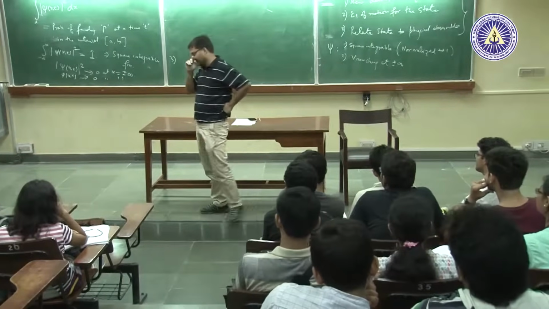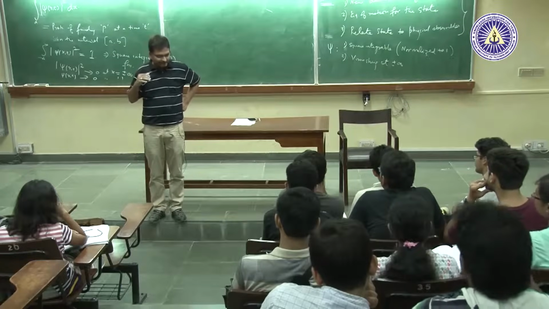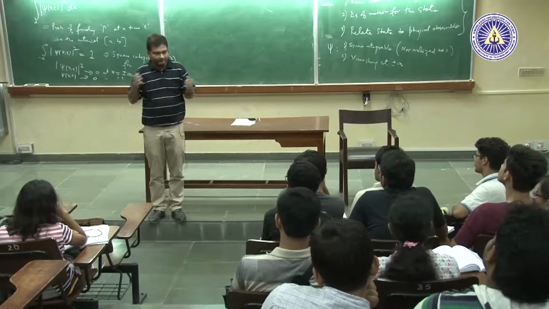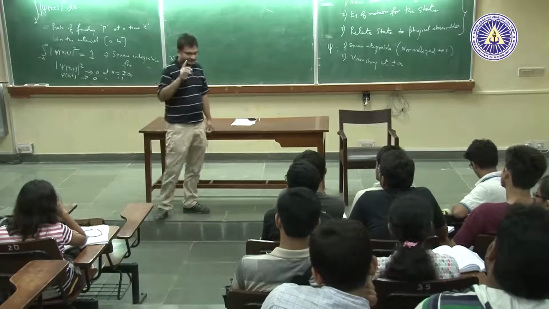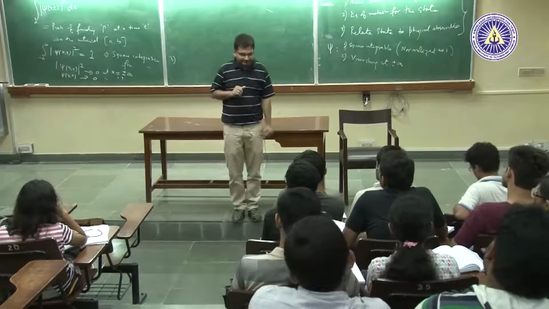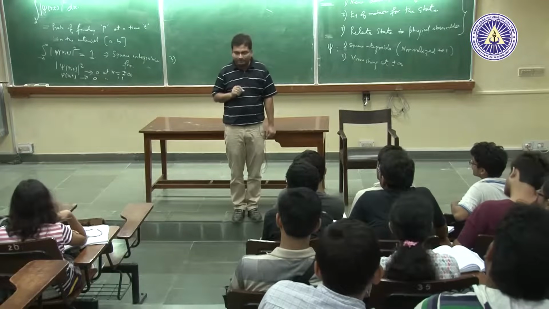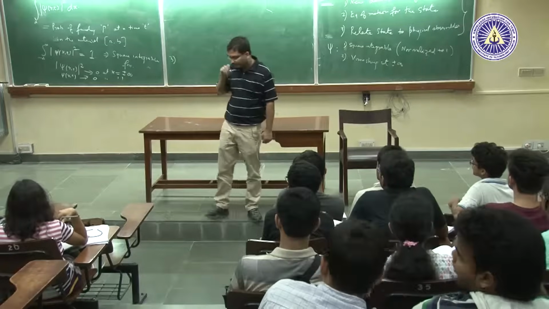And now, because of the work of Bell, etc., we know that the second answer is correct. We cannot really say where the particle was. And that, by the way, is also related to your Schrodinger's cat problem, if you have heard about it.